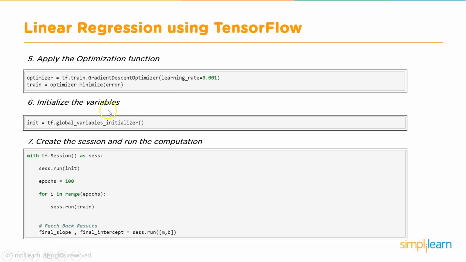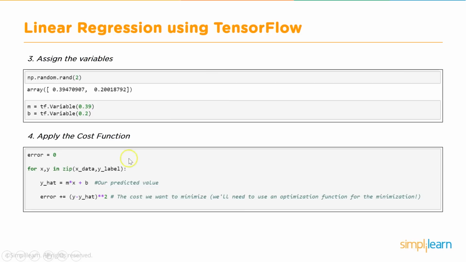This in turn will execute the rest of the graph. So train will go back and say, okay, I need to do optimizer.minimize. And what is optimizer? Optimizer is gradient descent with a learning rate of 0.001. And for doing this gradient descent, I have to use this model which is mx plus b. So I need to calculate and keep changing the values of m and b and feed the values of x and y and so on.